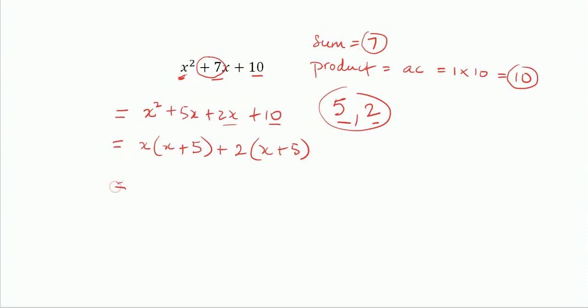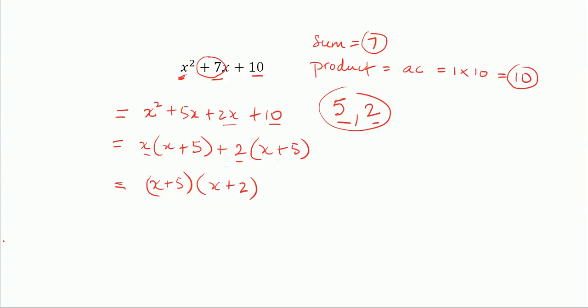Remember, what we are doing essentially here is factorizing by grouping. So we have a common factor of x plus 5 and x plus 5. So we write x plus 5, and what makes up the next bracket will be x plus 2. This is essentially the steps involved in factorizing a quadratic expression.